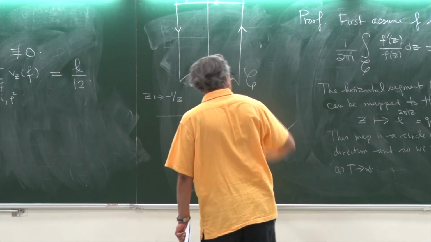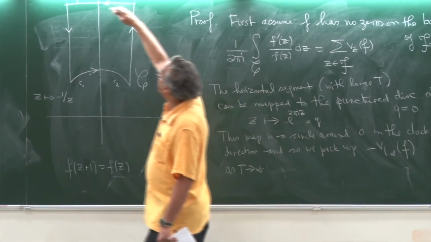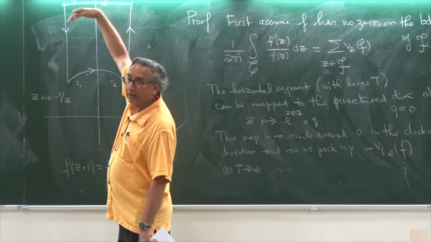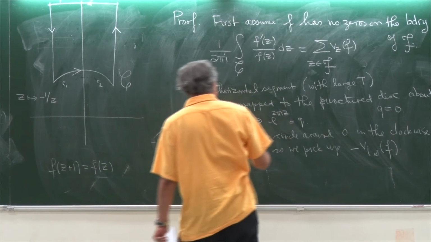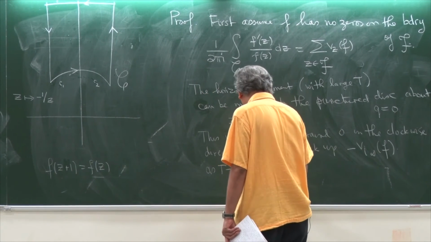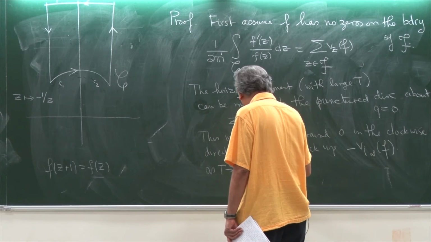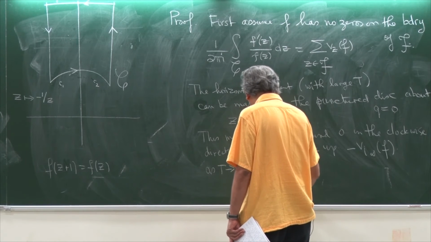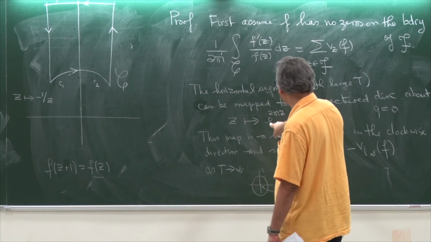The mapping q, z goes to e to the 2 pi i z, maps the neighborhood. Remember, the neighborhood of infinity is these neighborhoods where the imaginary part is bigger than t. That mapping actually gives an integration in the clockwise direction around the point q equals 0. The point q equals 0 corresponds to the point at infinity, i infinity, under this mapping.